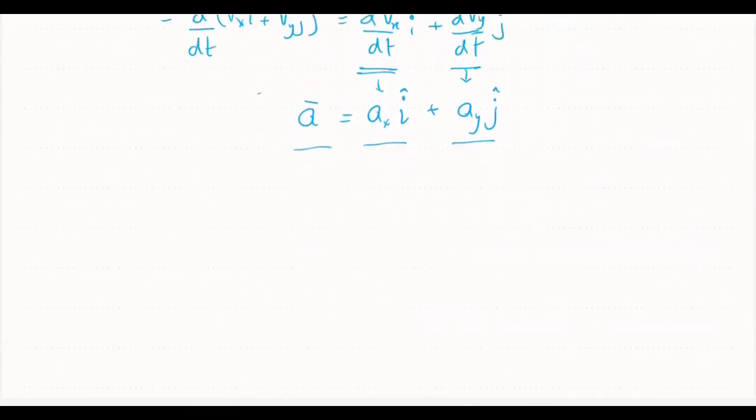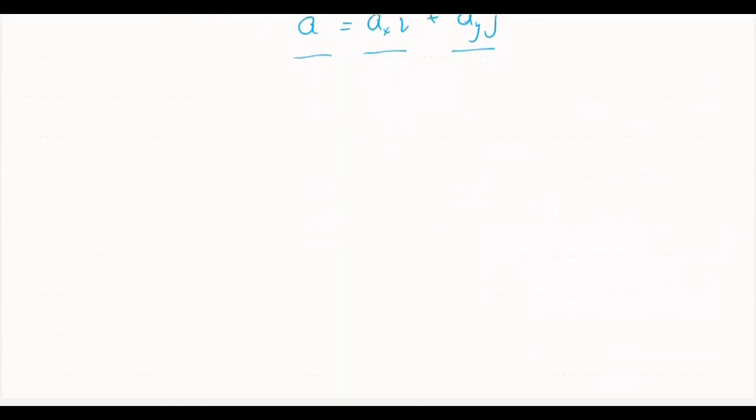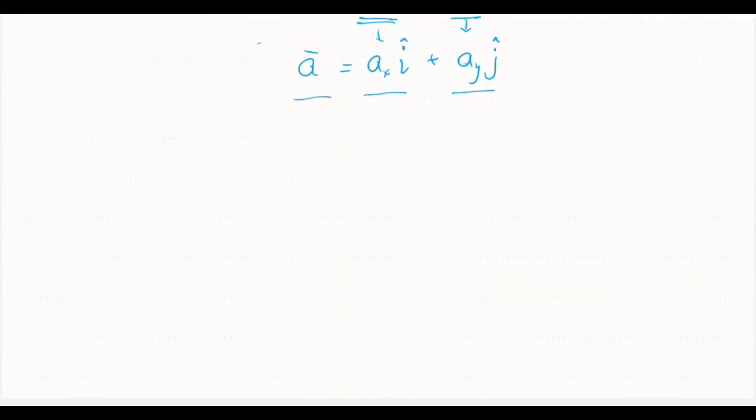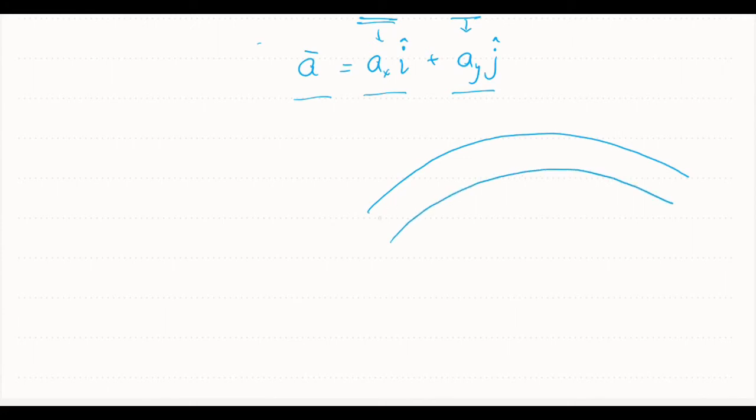Now a little bit more on acceleration. Suppose you're in a car going on a highway which is turning. At this point you're going in this direction, and that would be the velocity vector here.